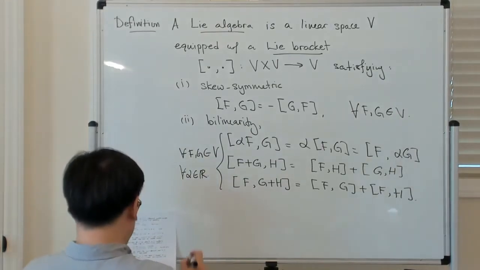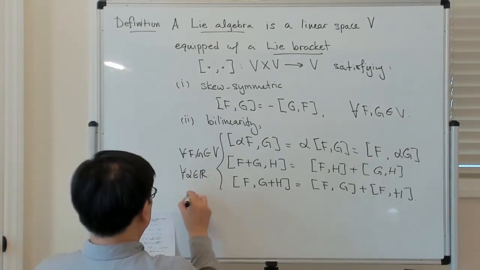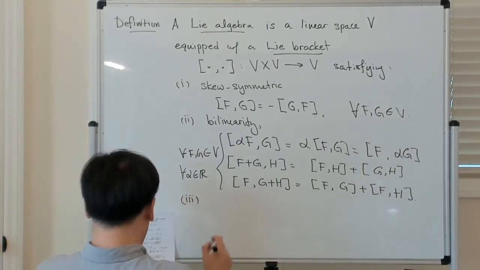And then the third property is what is called Jacobi's identity.